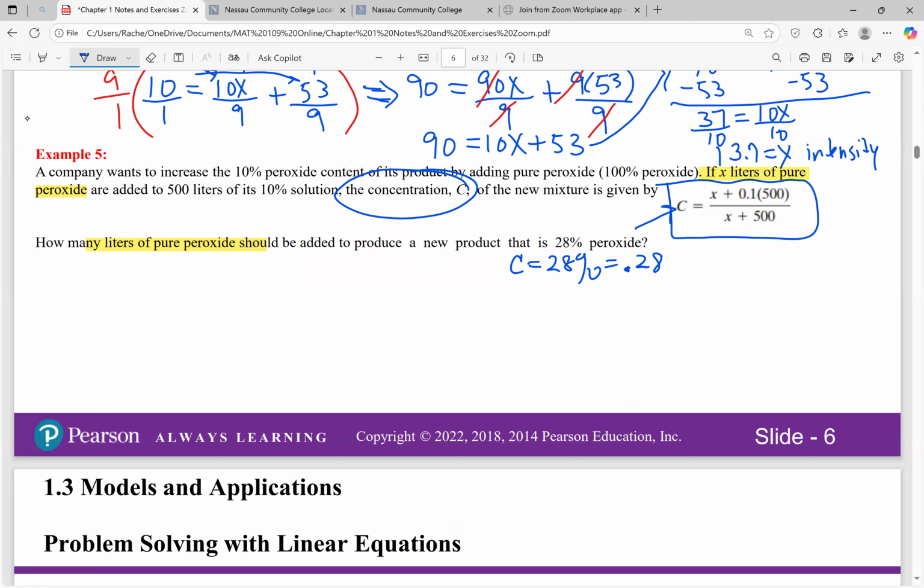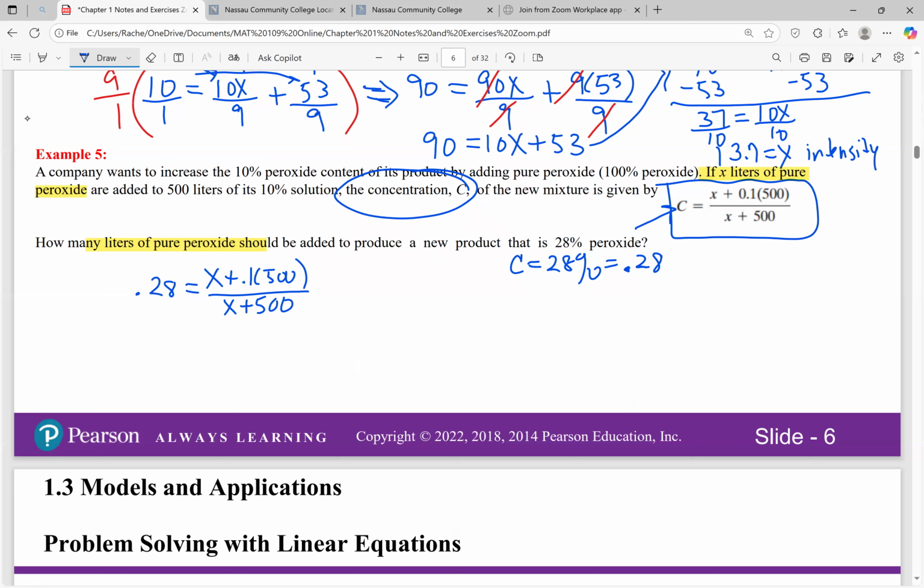So let's set C equal to 0.28, and that's going to equal (X + 0.1 times 500) divided by (X + 500). So now we want to solve for X.